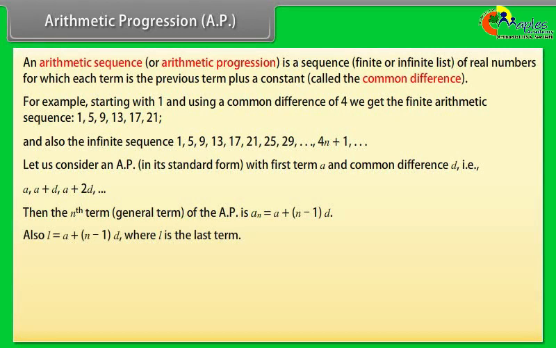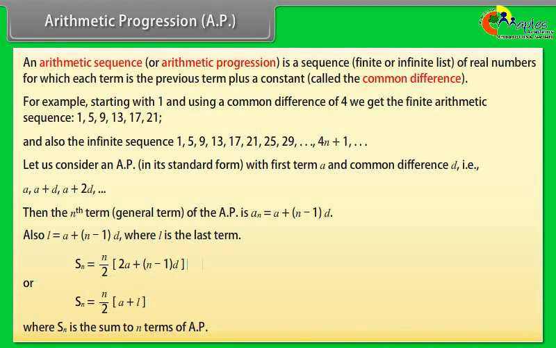Also, l = a + (n − 1)d, where l is the last term. Also, Sn = n/2 × [2a + (n − 1)d], or Sn = n/2 × (a + l), where Sn is the sum to n terms of AP.